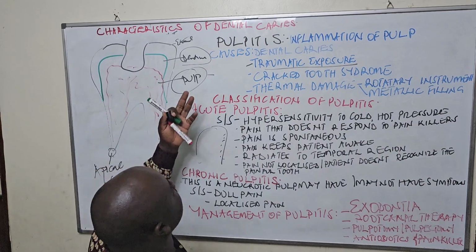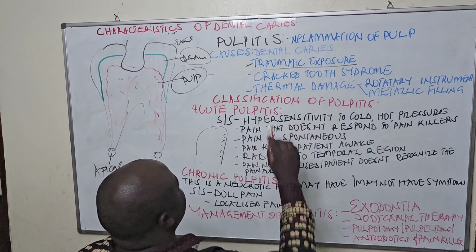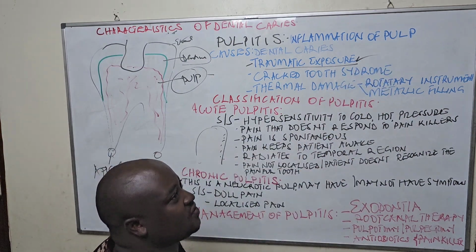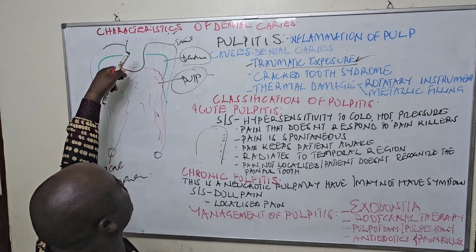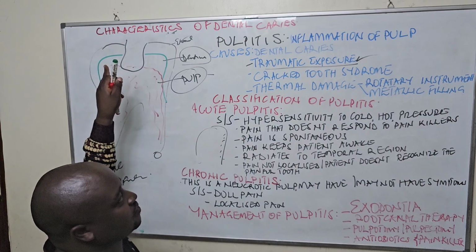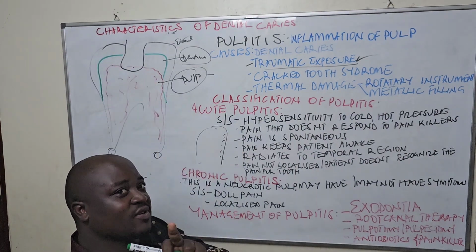Pulpitis. That is traumatic exposure. Even if a tooth is not sick, but if there's any trauma and bacteria are able to access the tooth, we can have pain in the form of pulpitis, because the pulp will be inflamed.